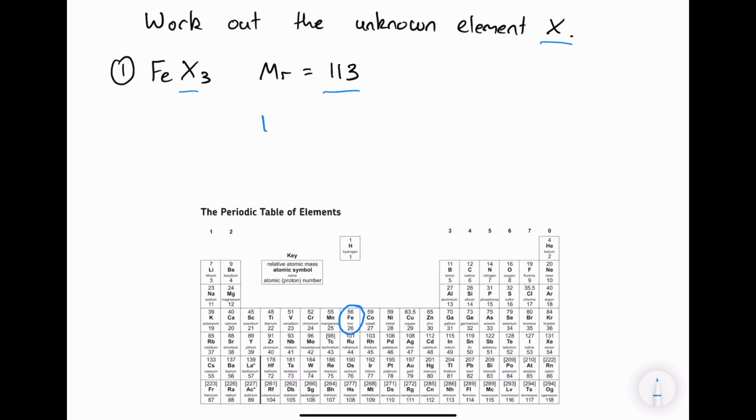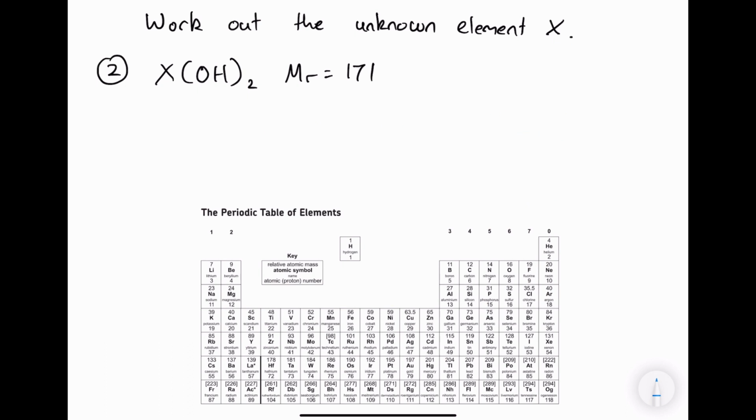So we would do 113 minus the Ar of iron, which is 56, and this would give us 57. Now, this is 3 times the Ar of our element X. So if we divide this by 3, we get 19, and 19 is the Ar of fluorine. So we've identified the unknown element X as fluorine.